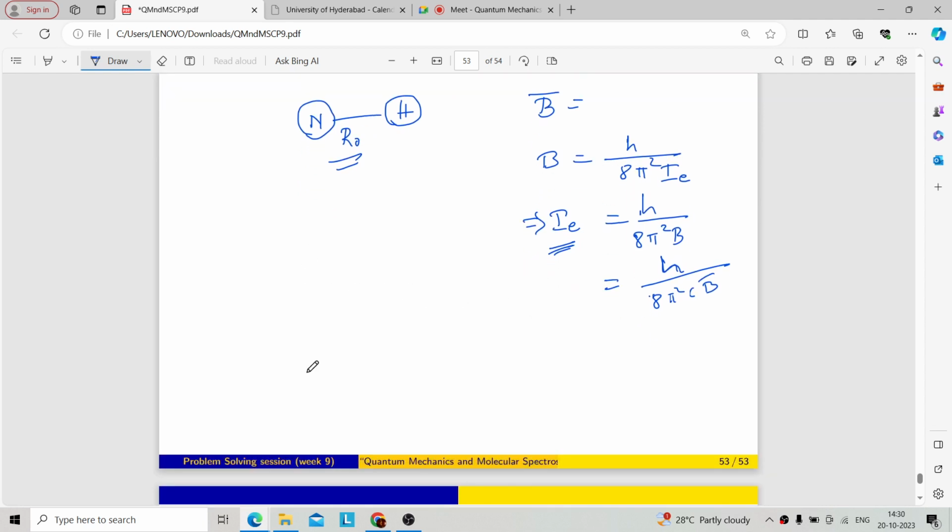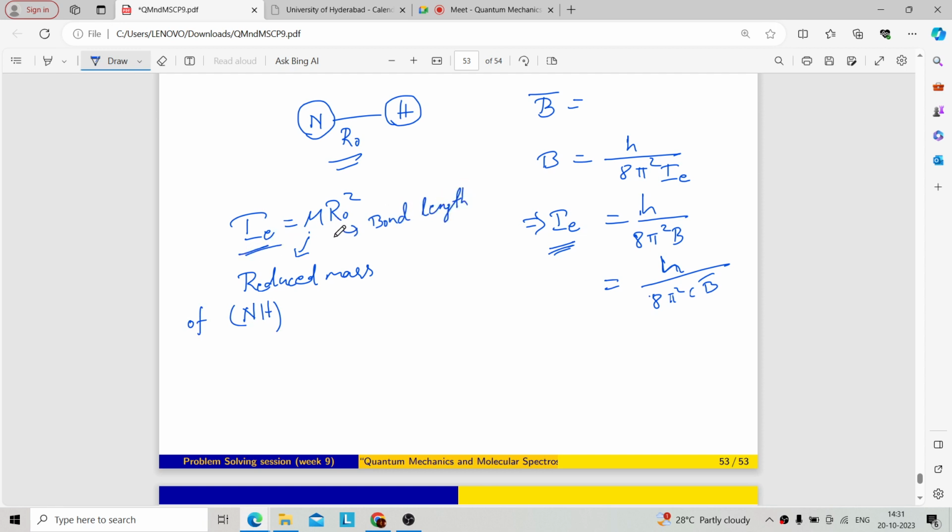And again we know the moment of inertia formula, I_e equal to mu times R naught square, where this mu is the reduced mass of the molecule NH, and this is the bond length.